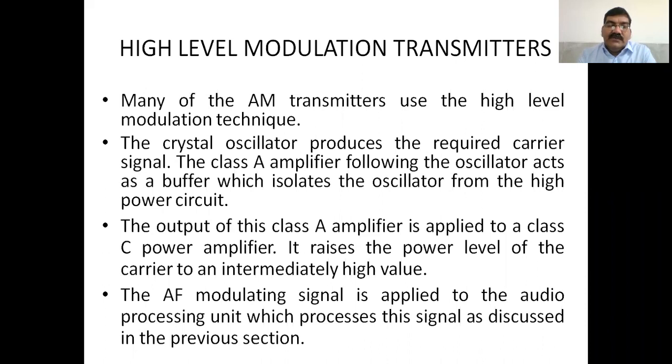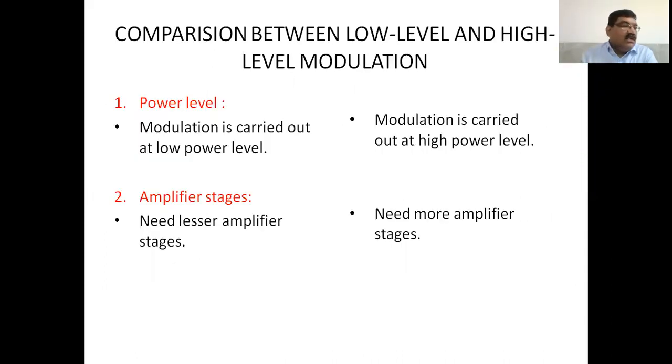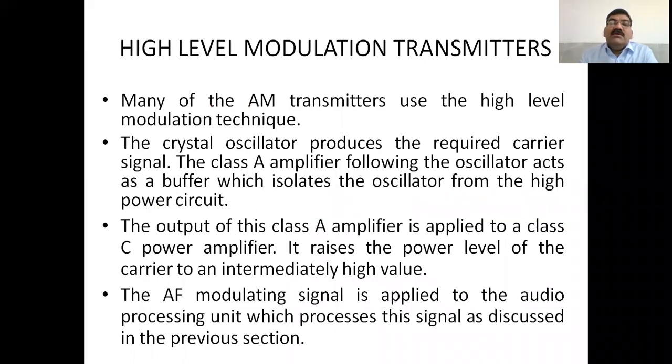Okay, next. The AF modulating signal is applied to the audio processing unit, which processes this signal as discussed in the previous section. This is the same as the previous. These are the differences that I have mentioned here.